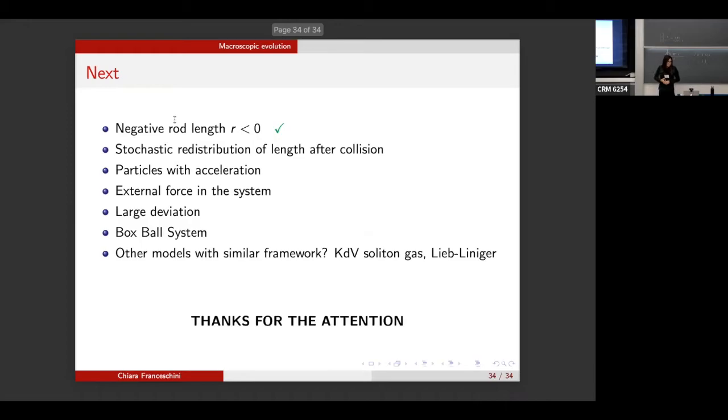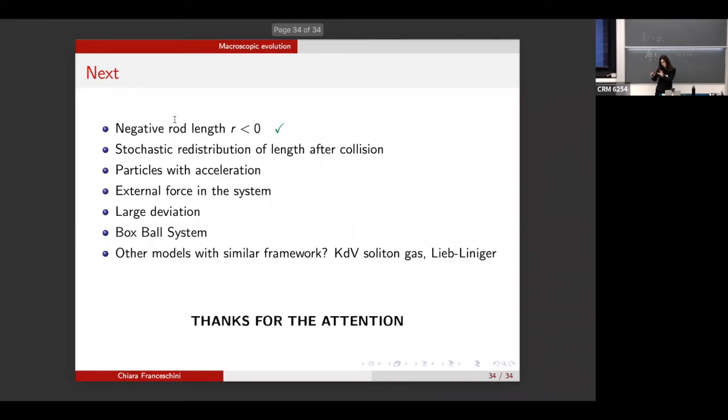And then since I work with particle systems, it's very natural to have stochastic rules when the dynamics evolve. Here the randomness is just in the initial condition, but in particle systems, at each step there is some randomness. One way to add this to the system is that when you have two rods colliding, instead of swapping the position, you condition on having the total length of the two rods preserved, and then you put some fraction on the first rod and some other fraction on the other rod.